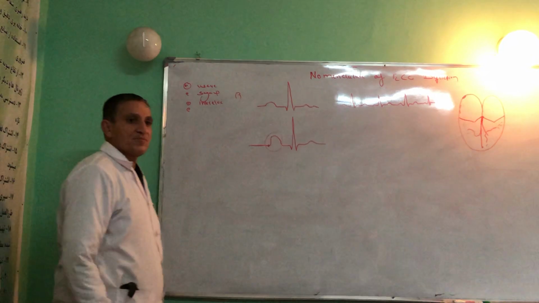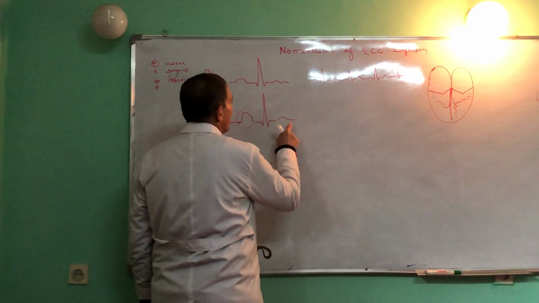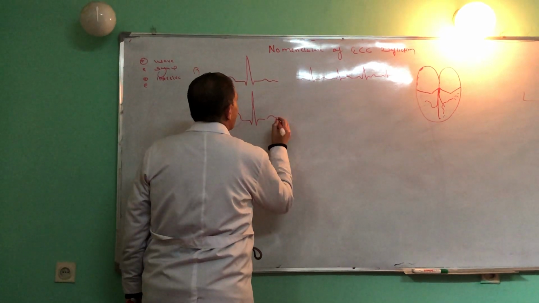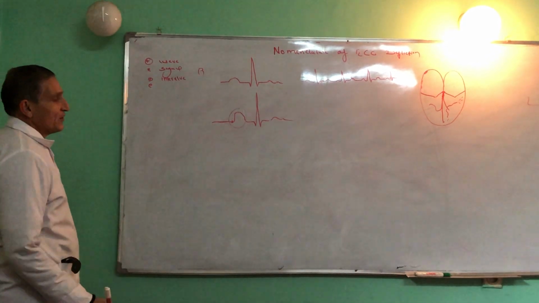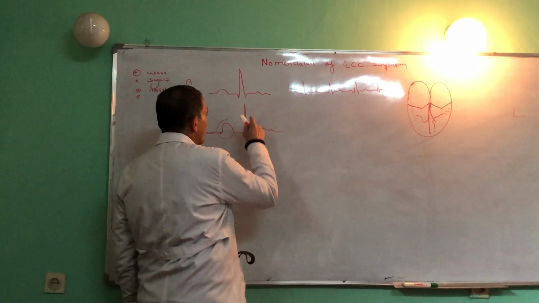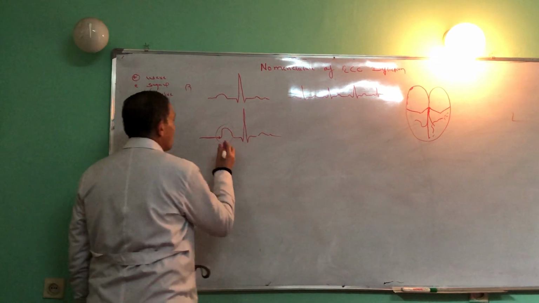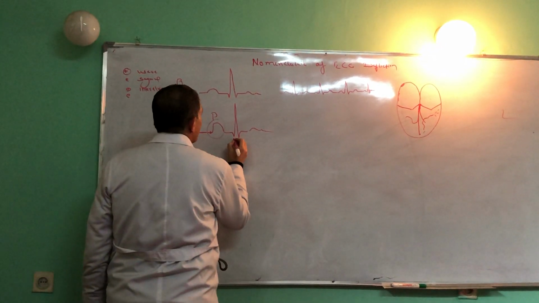3 segments. These 6 waves are the P wave, Q wave, R wave, S wave, T wave, and sometimes we also have a small wave here that is called the U wave. The first wave is called P wave. The second wave is called Q wave.